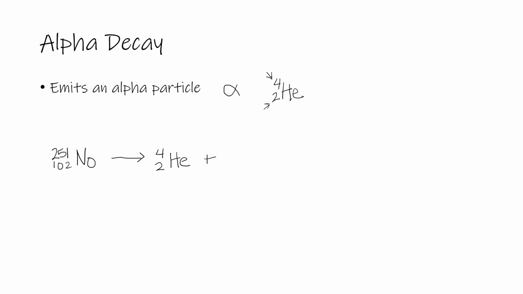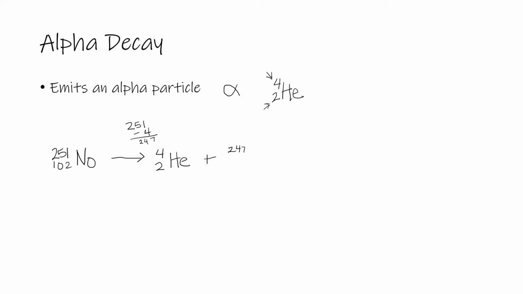And so we can look at our mass number on the top, and we have 251, and we're going to subtract 4 from that because that's what our alpha particle has. And so in doing the math, you end up with 247. So that is the new mass number over here.